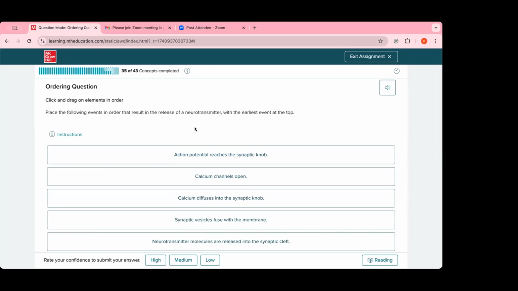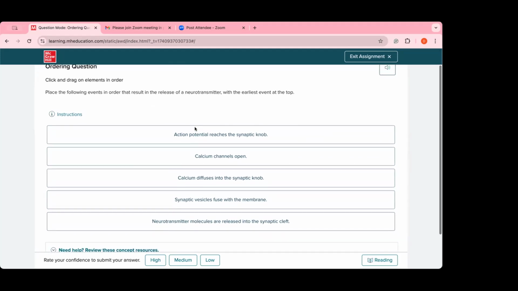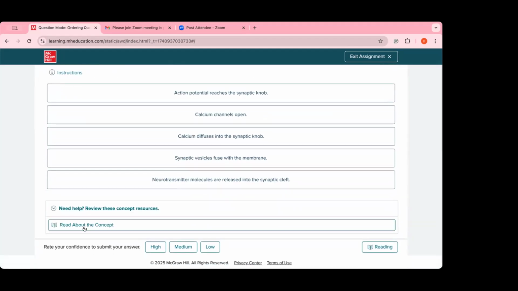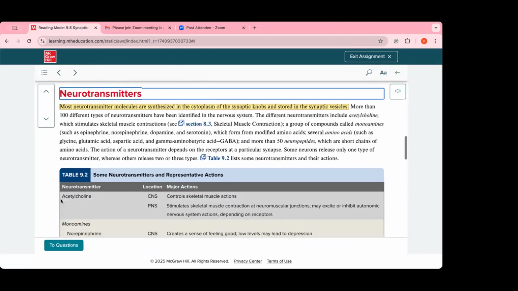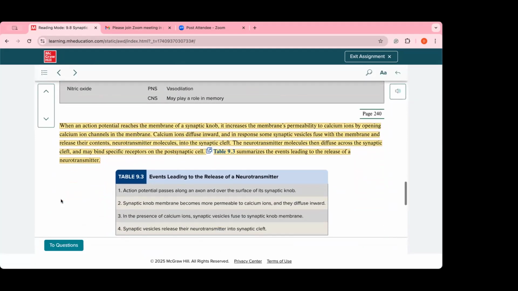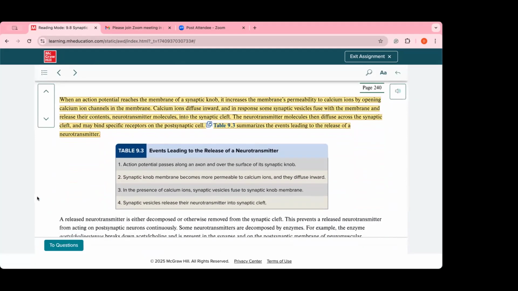Let me look at the order again. Let me look at the table, but I think that's the table that we were looking at. So action, okay. Synaptic knob, okay. So yeah. So calcium gates open.